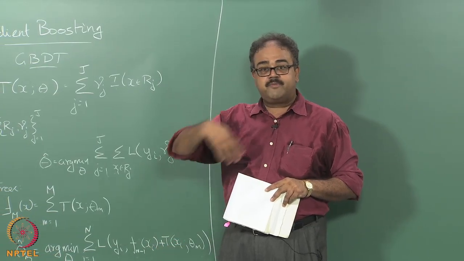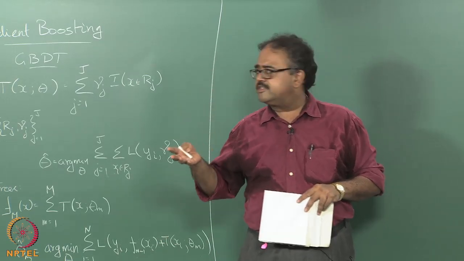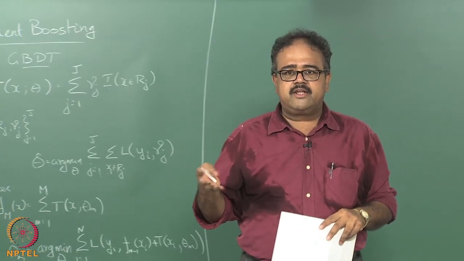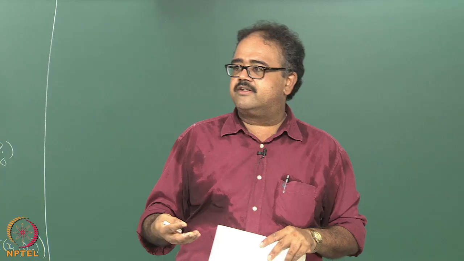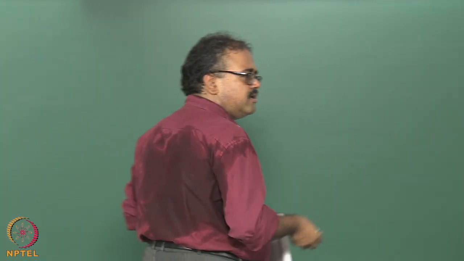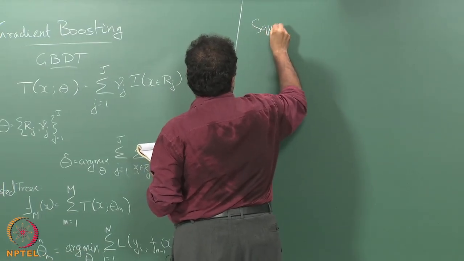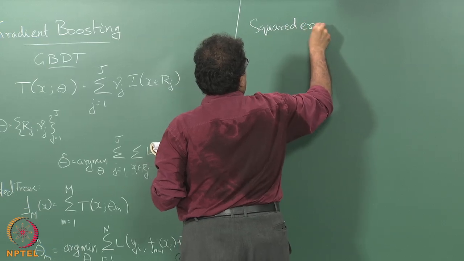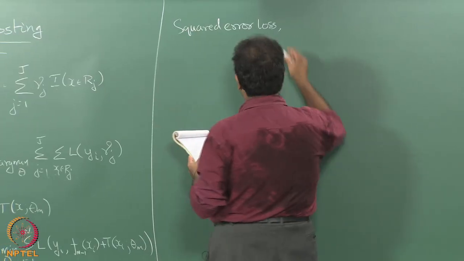The residual could have been generated by any classifier, any regressor. I do not even have to worry about whether what generated the residual was actually a tree. All I need is that the residual becomes the target function. So, with squared error, boosting becomes just like learning a series of decision trees, nothing special about it. If you have other kinds of loss functions then you will have to worry about how to accommodate that, but at least in this case of squared error loss.